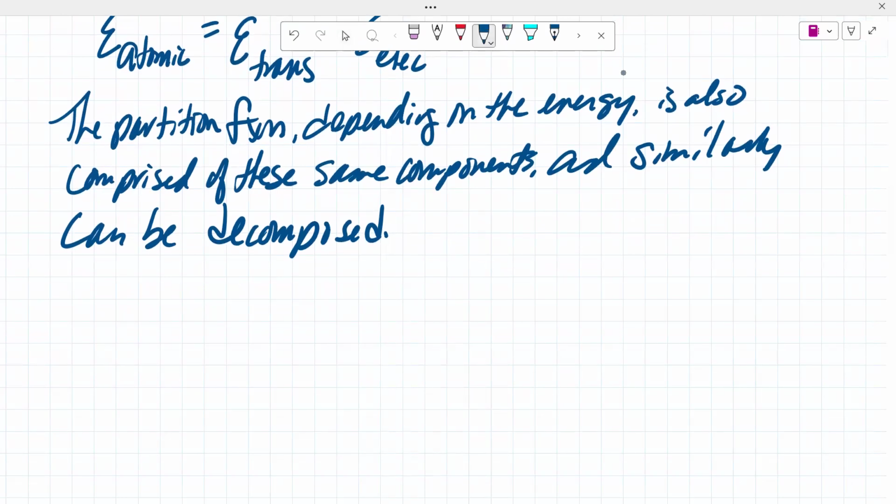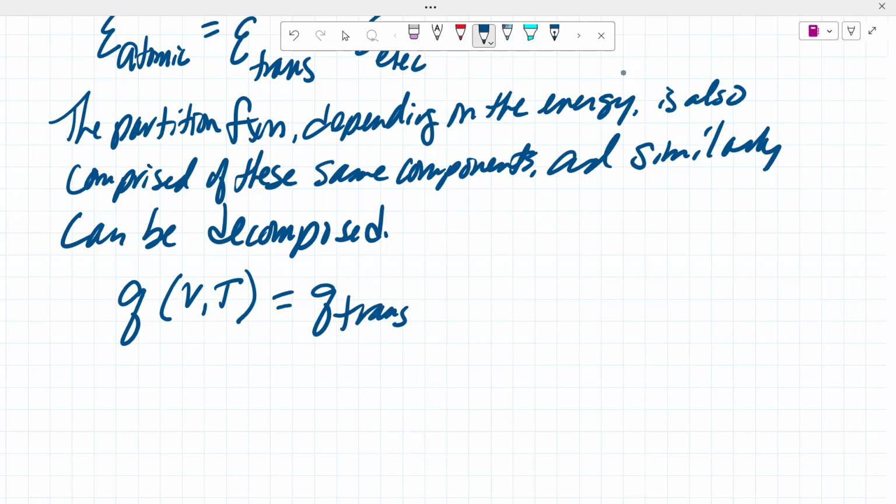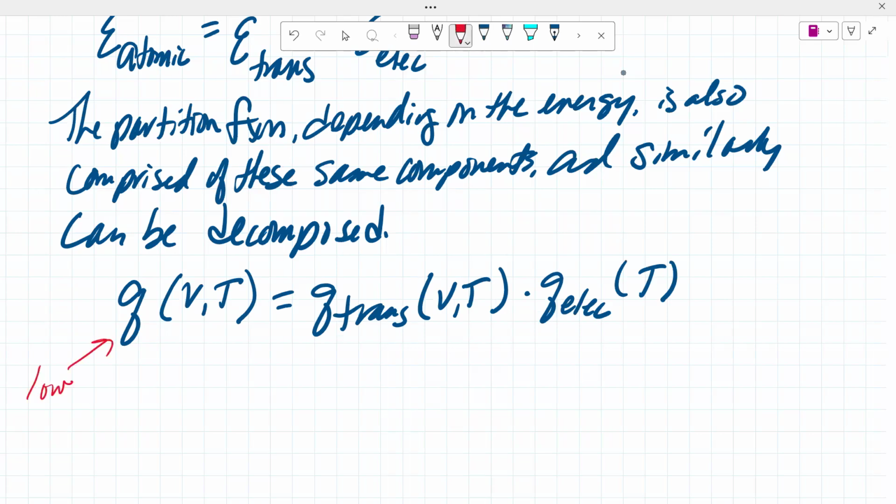And the reason is because we're showing that this is the decomposed version. q of V and T equals q trans of V and T times q elec of T. Now, we have a few things we need to note about this. This is lowercase because it's decomposed.